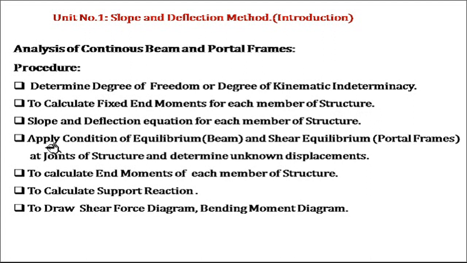Next step, applying the condition of equilibrium for beam and shear equilibrium for the sway portal frames at a joint of a structure and determine the unknown displacement. Next step is to calculate the end moments of each member of a structure. Next step, to calculate the support reactions, and the last, to draw the shear force and bending moment diagram.